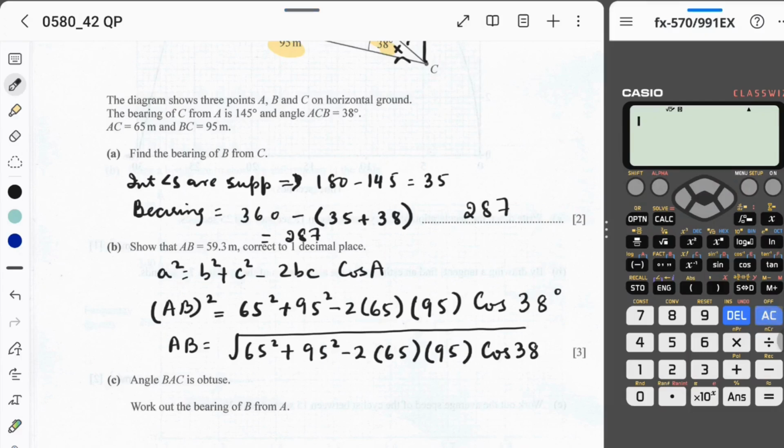Okay, use your calculator. Square root of 65 square plus 95 square minus 2 times 65 and 95 cos of 38.